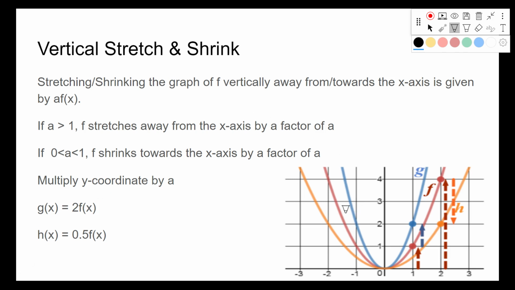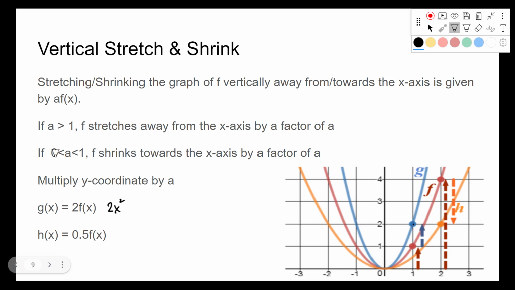So for example, f of x is just y equals x squared. Okay, if I take 2 f of x, or 2x squared, if I double the points on f of x, 1, 1, multiply the y coordinate by 2, becomes 1, 2. So it's stretching further away from the x-axis.